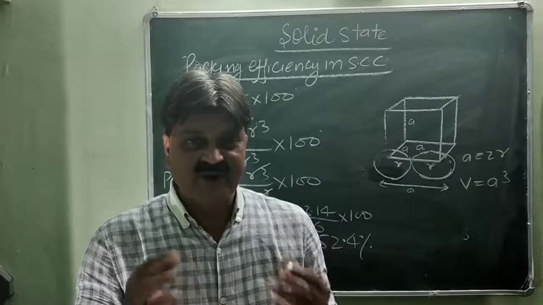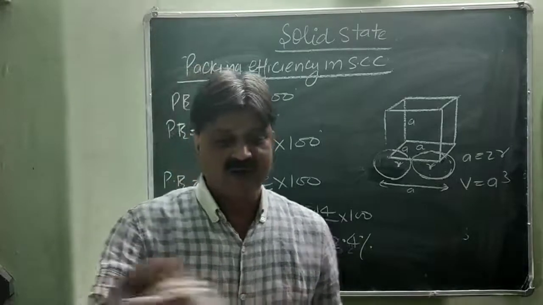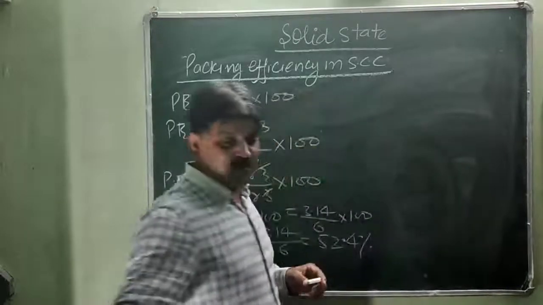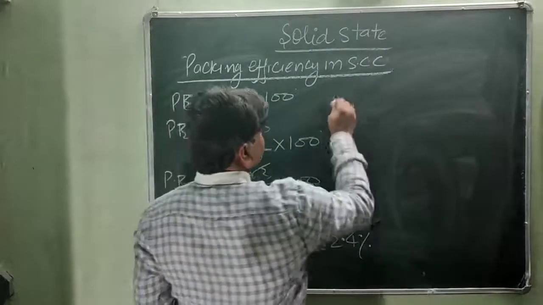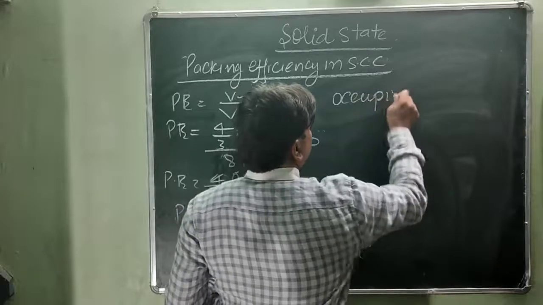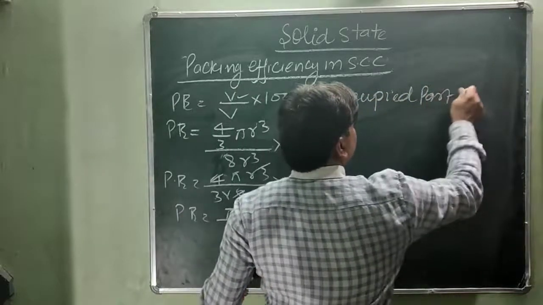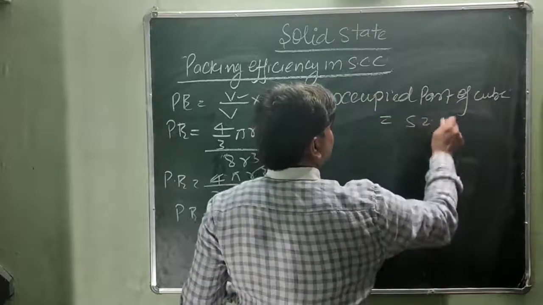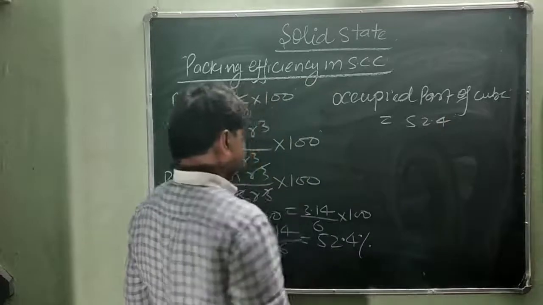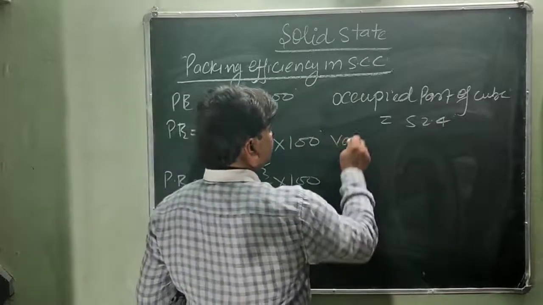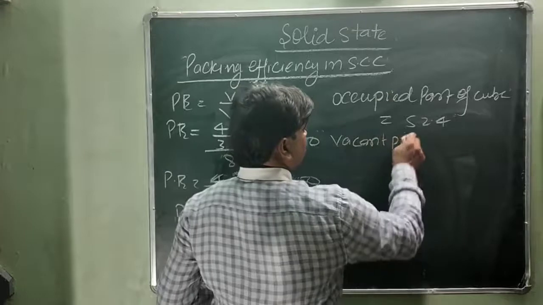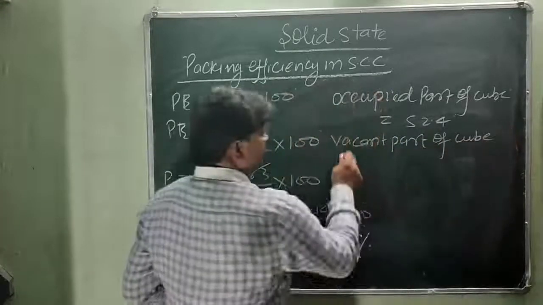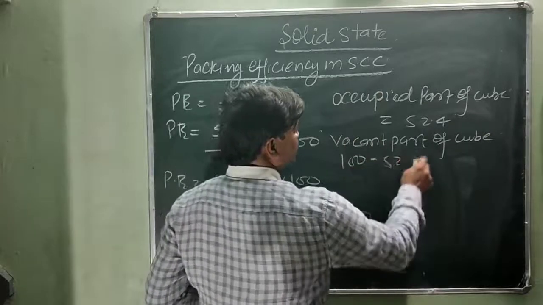So what is the vacant part of the cube or unit cell? You can calculate here that the occupied part of the cube is 52.4%, and the vacant part of the cube, how do you calculate? 100 minus 52.4.